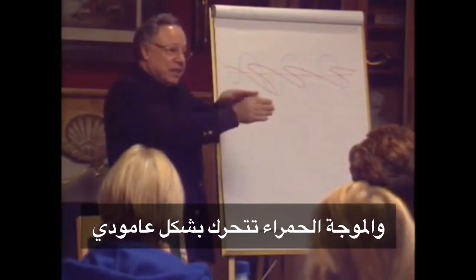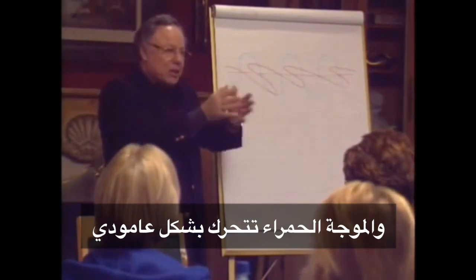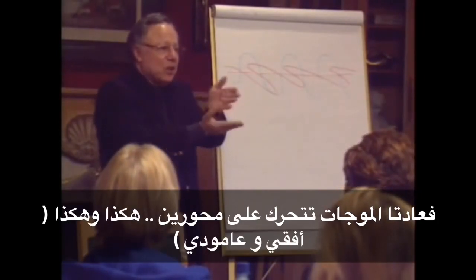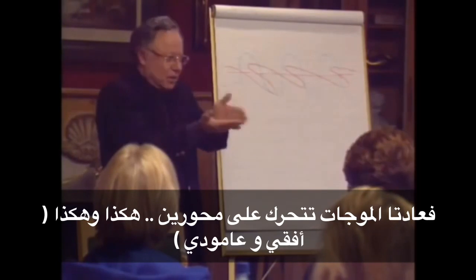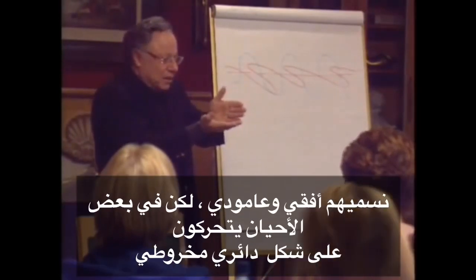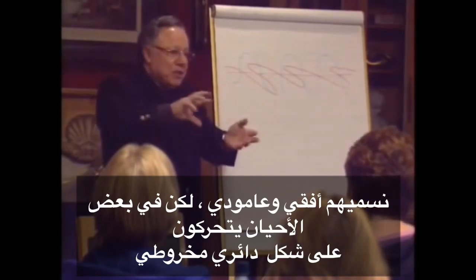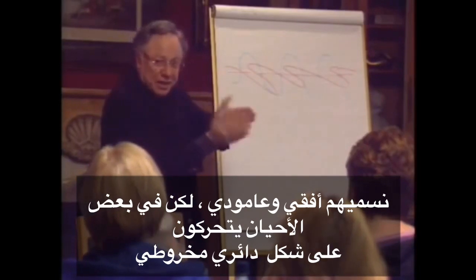And the red one, a red aspect, moving horizontally like this. So usually waves move along two planes, like this and like this. And then we call them vertical and horizontal, but sometimes they could be rotating, but they still keep the angle between them.